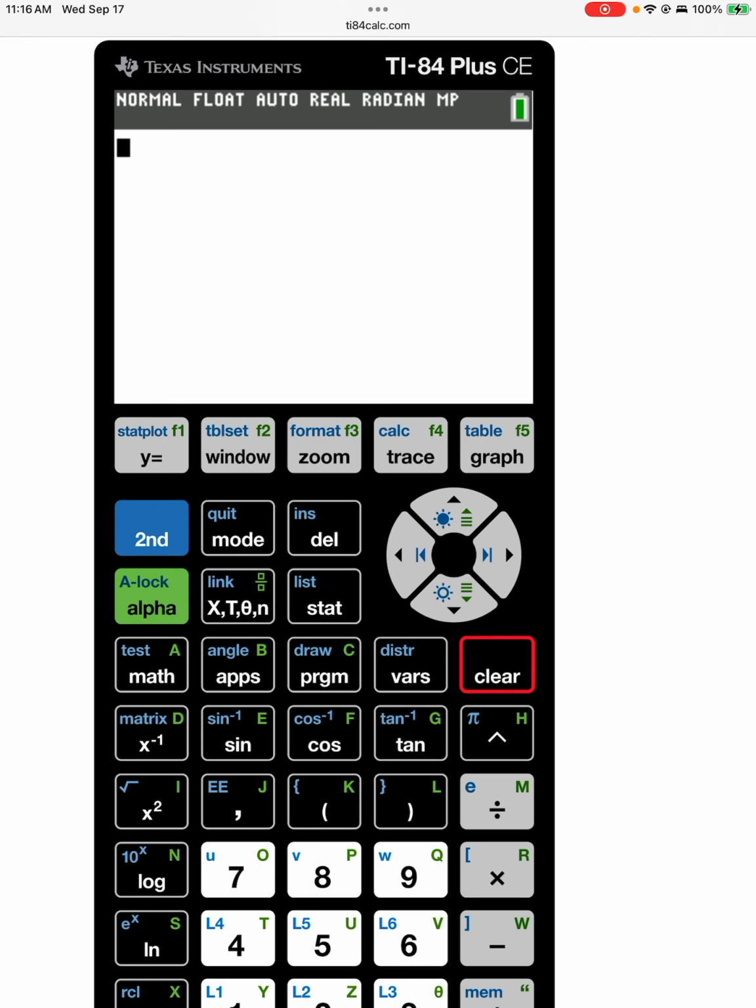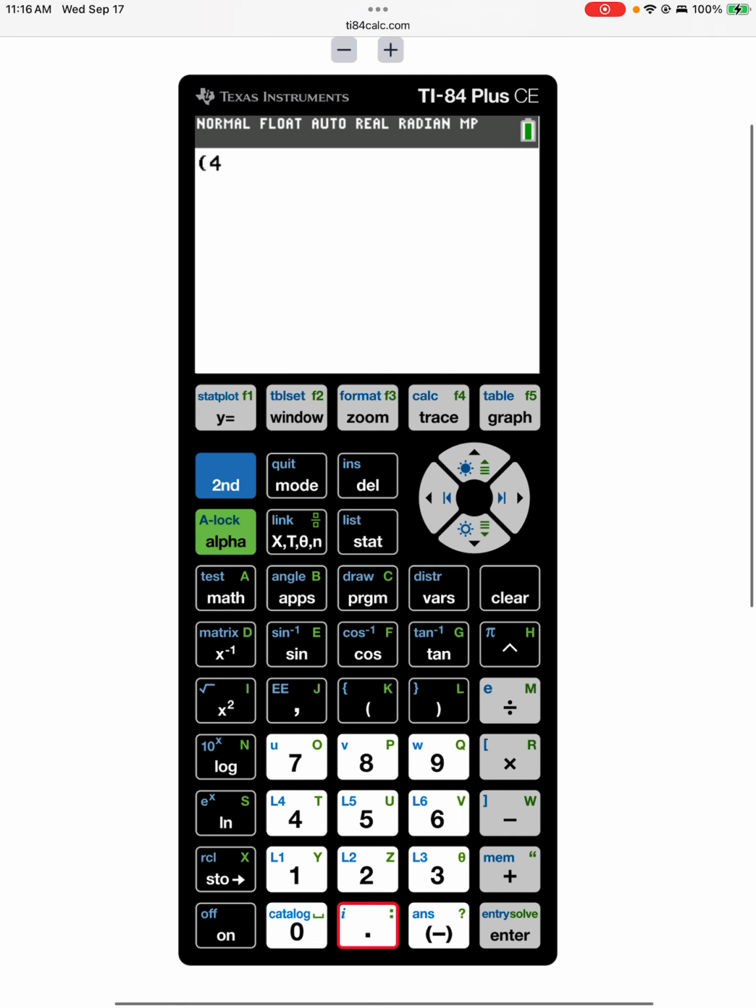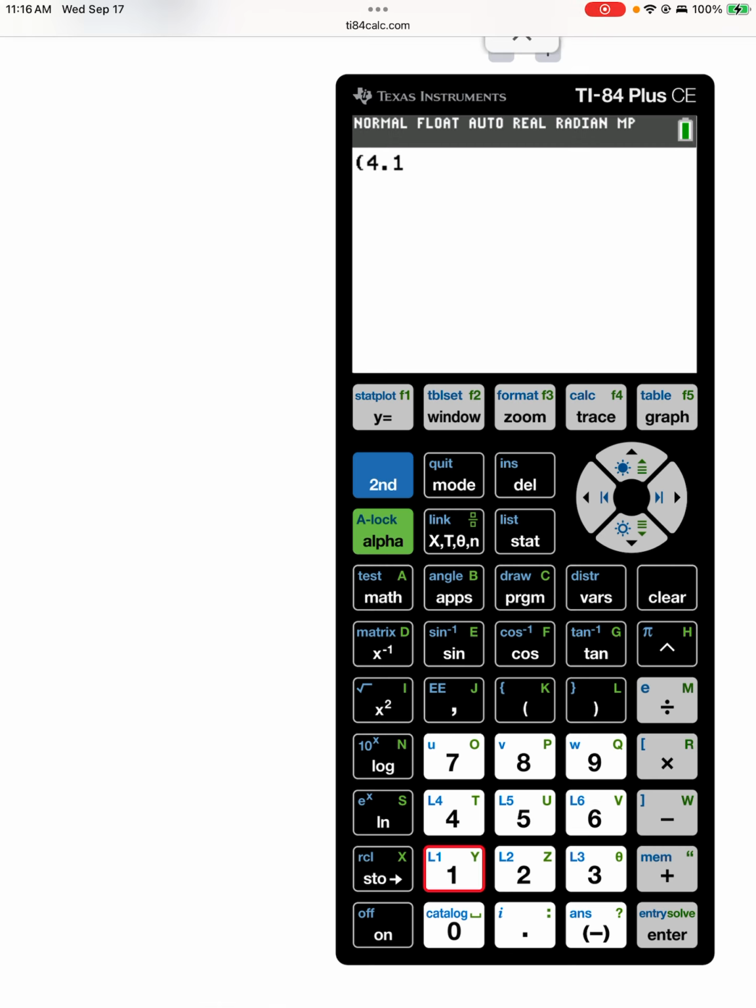All right, so we're going to do parentheses, and we have scientific notation. So this is a good time to refresh how we type in scientific notation. So I'm going to type in 4.16, and then instead of 10 to the, I'm going to do second EE.